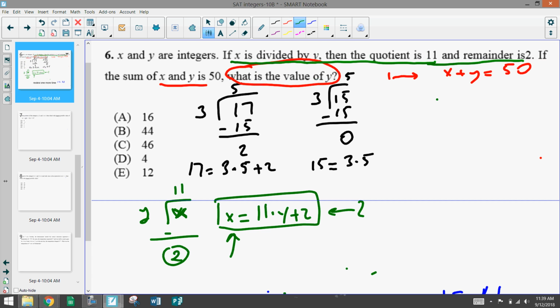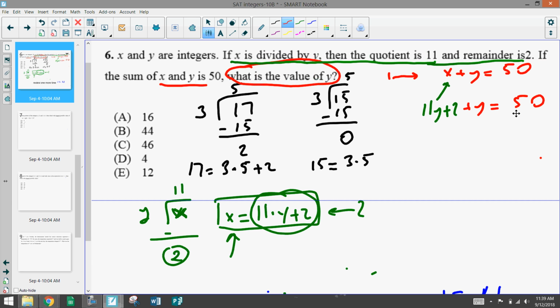Whenever I see x here, I'm going to substitute the entire x. We call this the substitution method. X is equal to 11y plus 2. Look at the color code. That makes sense, right?